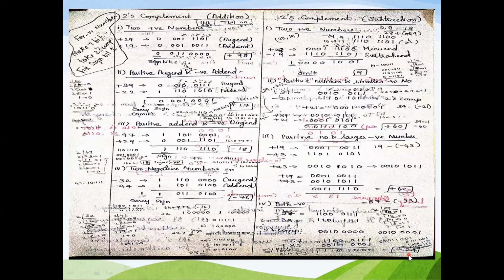I hope the slide is very useful. This slide provided a clear idea on 2's complement addition and subtraction for all the 4 cases of the numbers involving A and B.